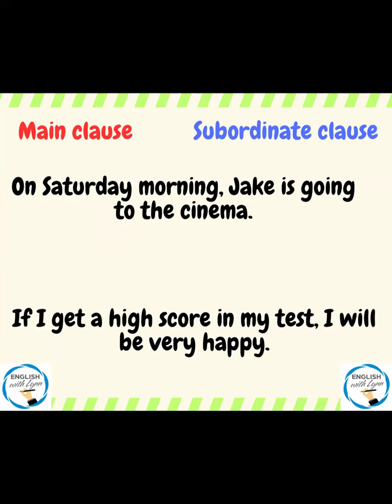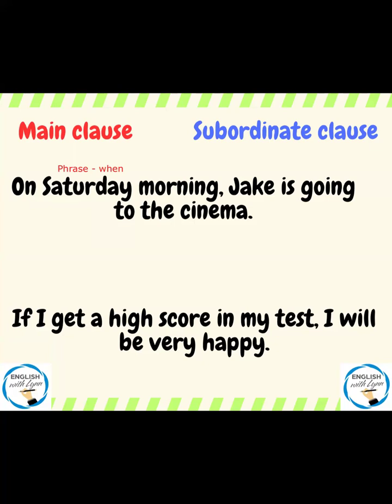The part at the beginning, on Saturday morning, is actually a phrase, and it's saying when. Then you've got Jake is going to the cinema. So that is the main bit of our sentence.